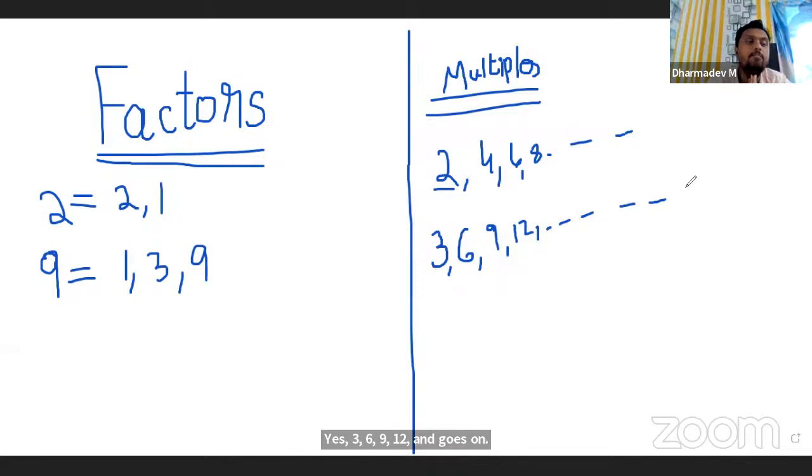Clear with that? Are you clear with multiples? Yeah.